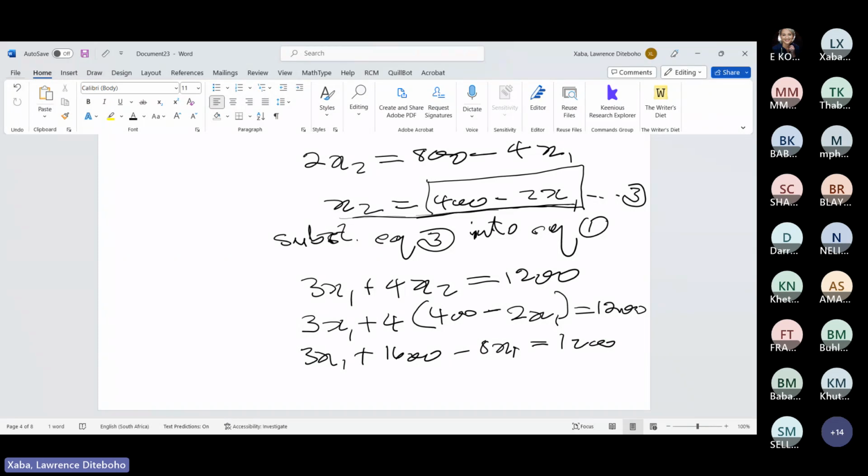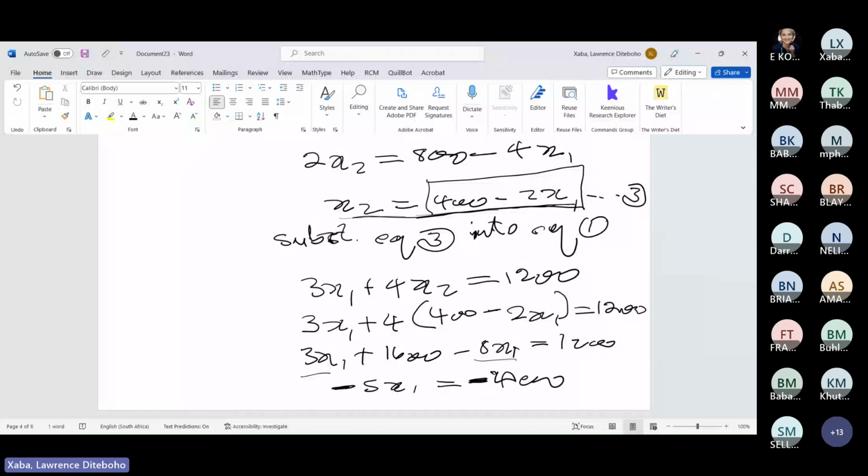We group the like terms. So this goes with that, and we have negative 5x1 equals, if we take this to the other side, 1,200 minus 1,600, which is negative 400.